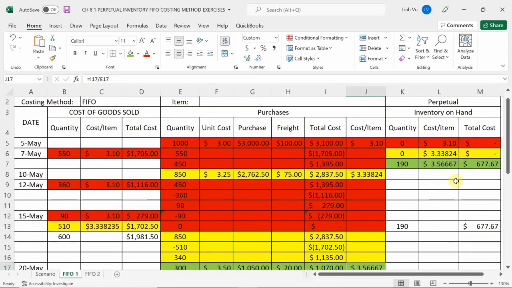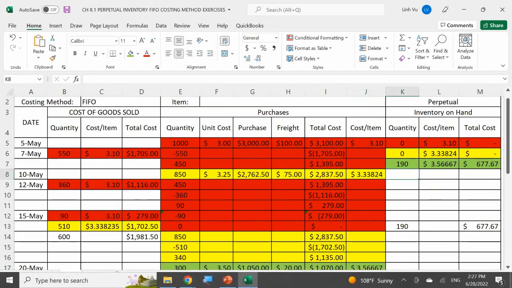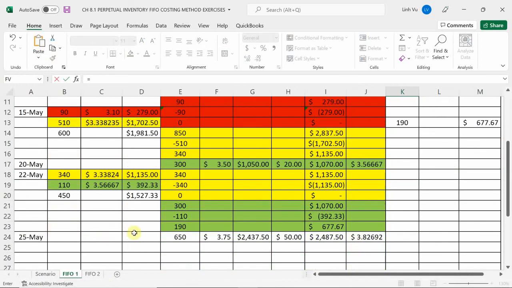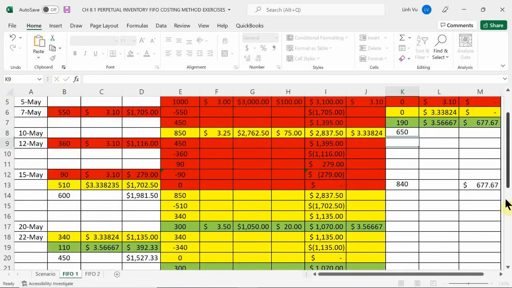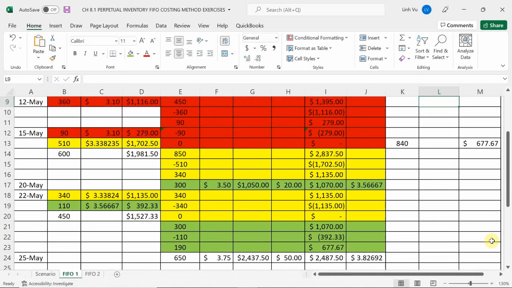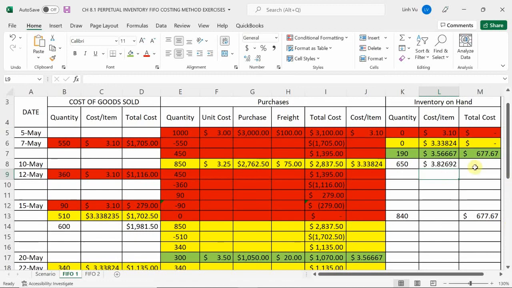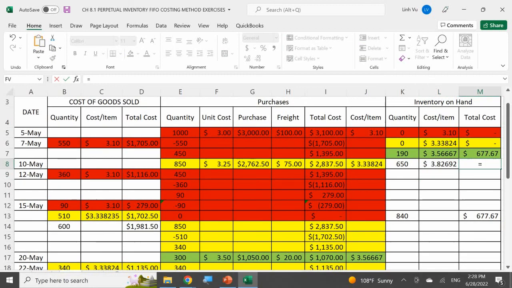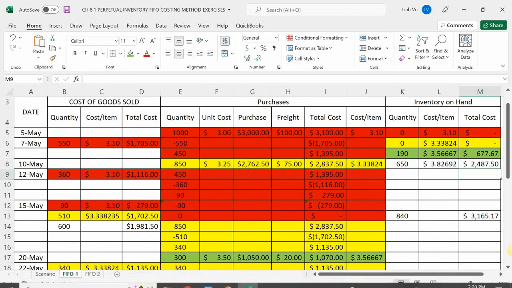Now I gotta transfer that batch into my inventory on hand here. That I have 650 units at my 3.826923, and then it's gonna give me my total cost of $2,487.50.